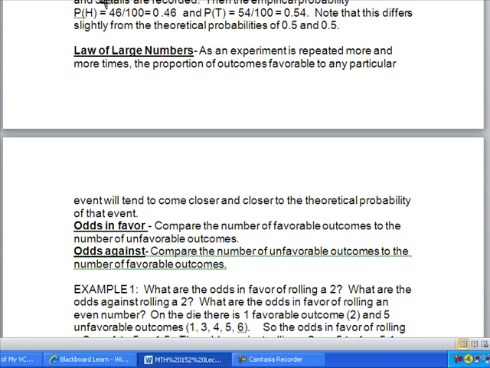Now, odds are slightly different from probabilities. They're related, but they're not exactly the same. Odds in favor is where we compare the favorable outcomes to the number of unfavorable outcomes. And the odds against is where we compare unfavorable to favorable.